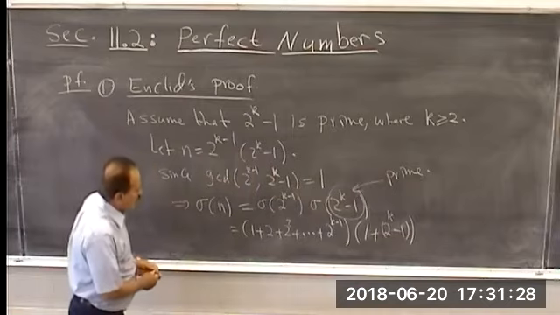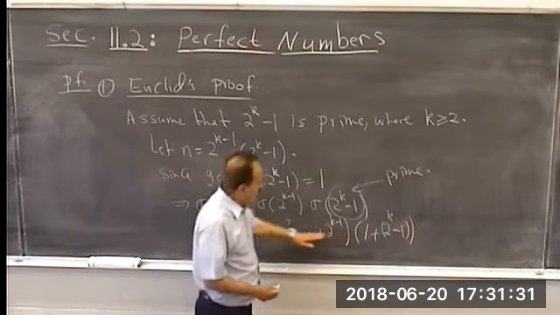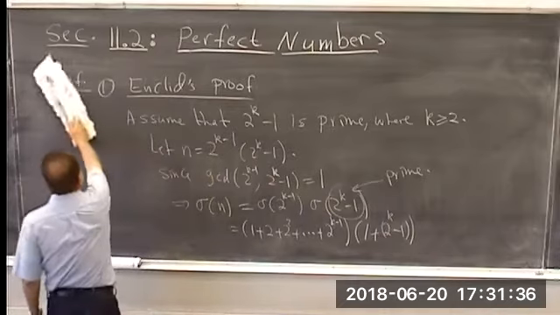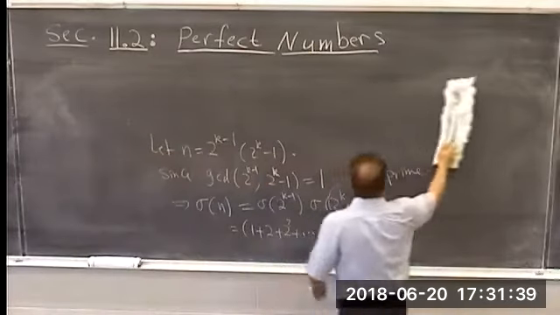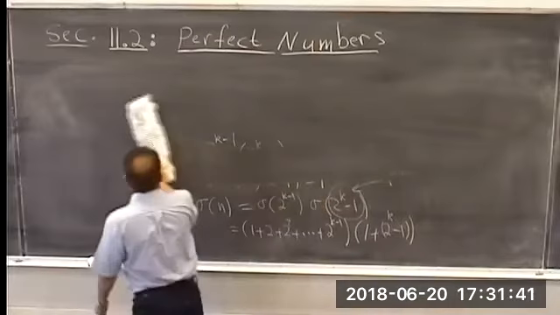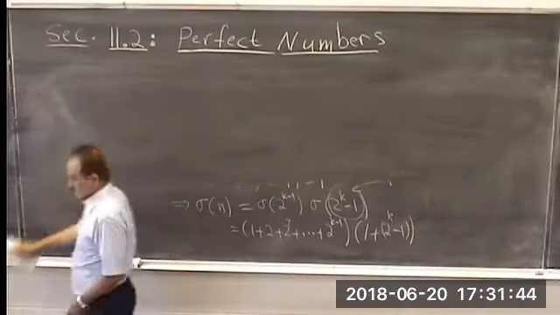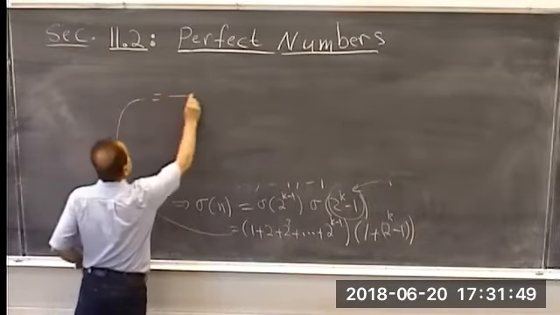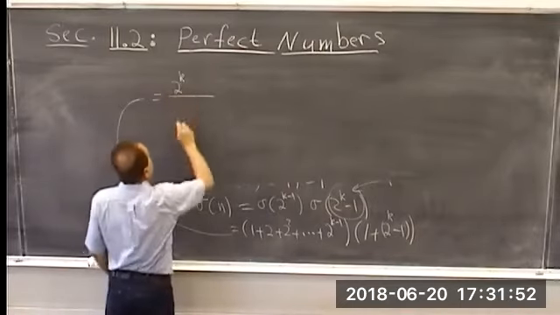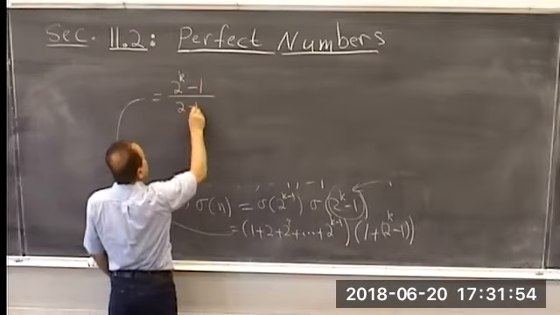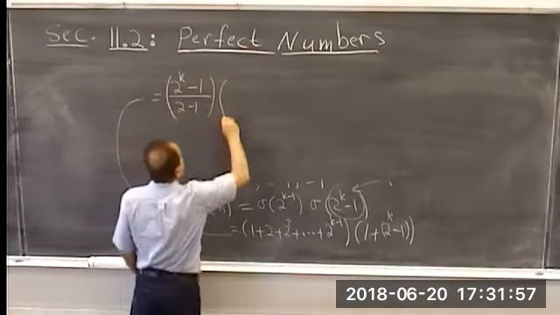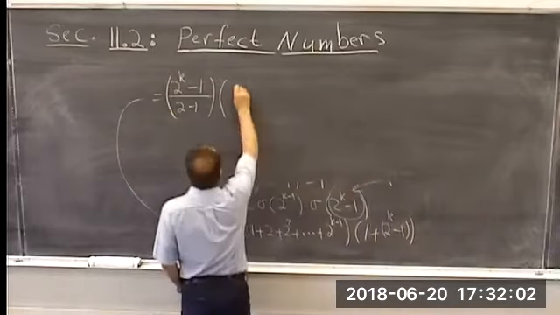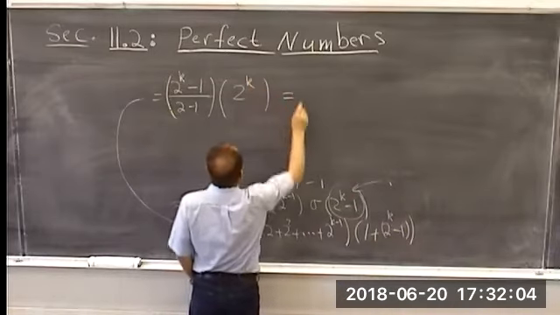All right? Now, the first sum is a geometric progression, and we can simplify it to a simple form rather than this finite sum. So this is equal to 2 to the k minus 1 over 2 minus 1, multiplied by 1 plus 2 to the k minus 1, that's just 2 to the k.